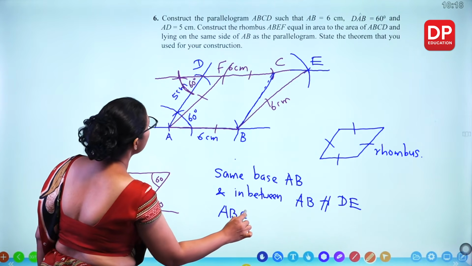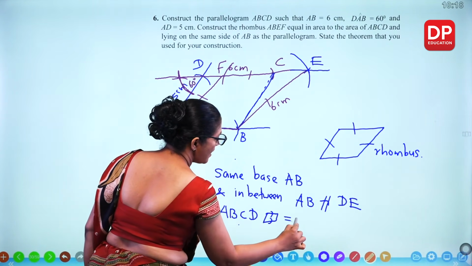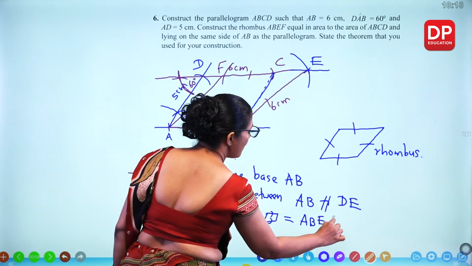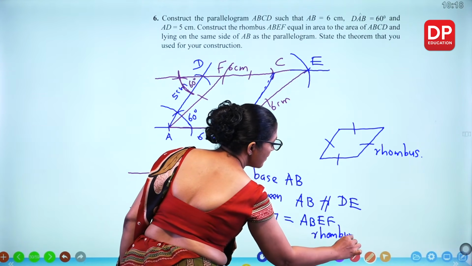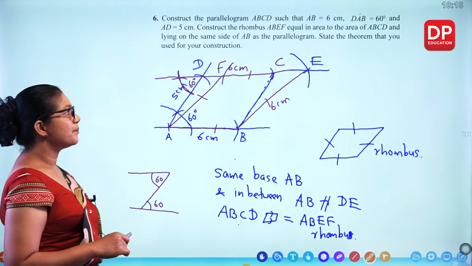The ABCD parallelogram area is the same as the ABEF rhombus. That's the theorem we use to construct this diagram.